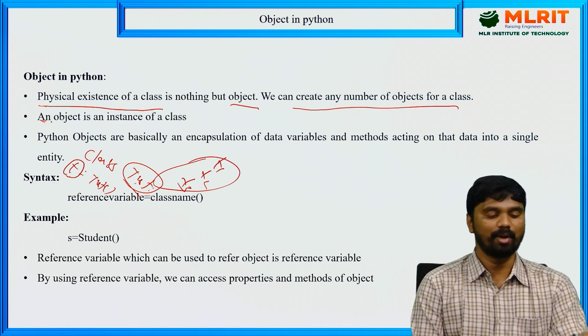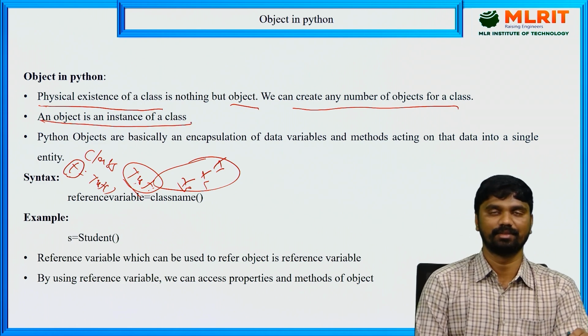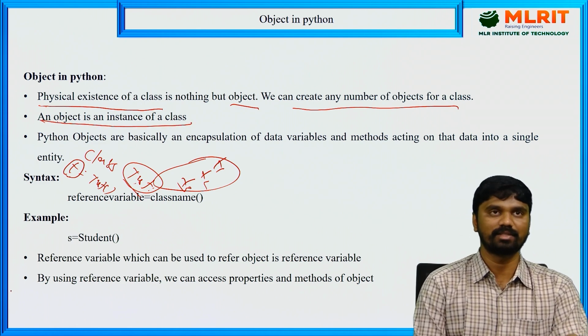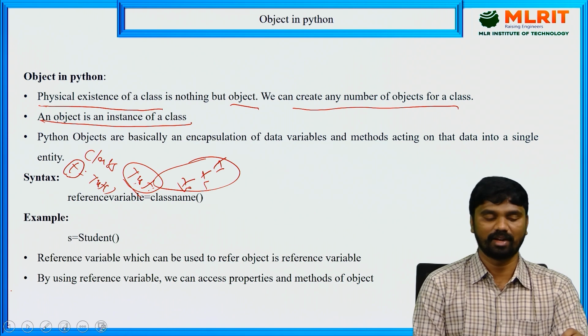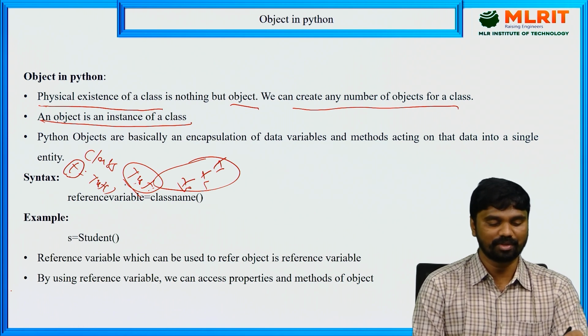Next, an object is an instance of a class. Here we have the Test class, and this object is an instance of this class.